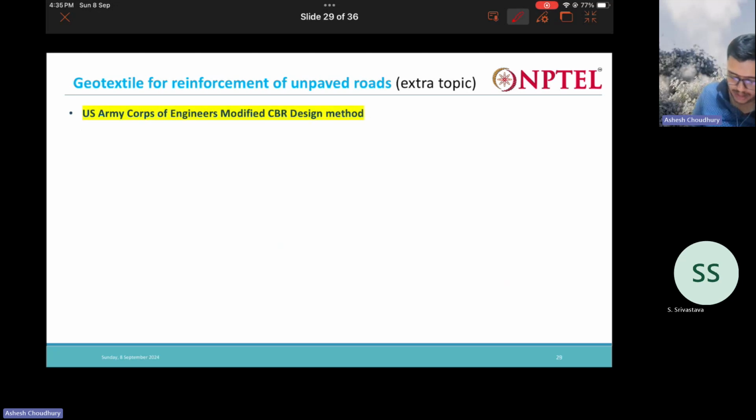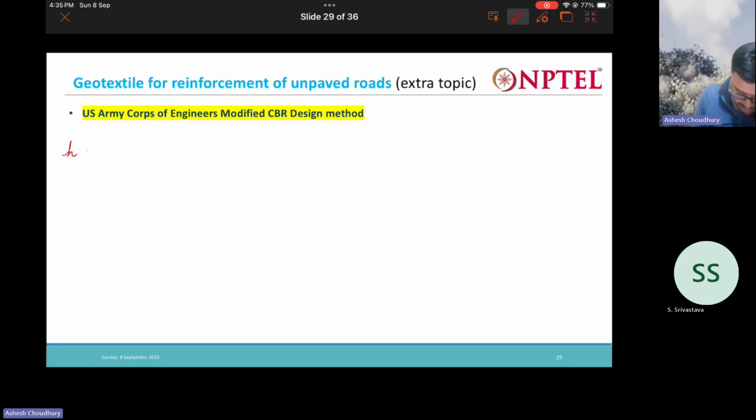Now there is one more expression that is given by the US Army Corps of Engineers modified CBR design method. Here you are using the CBR values to determine the thickness.